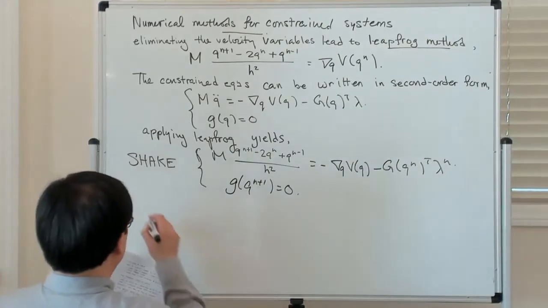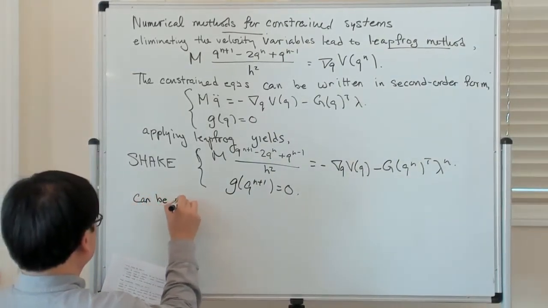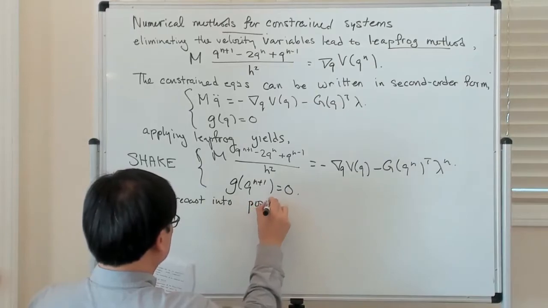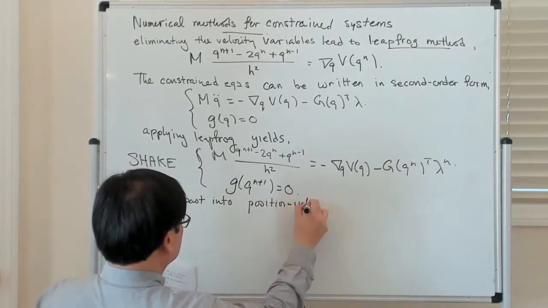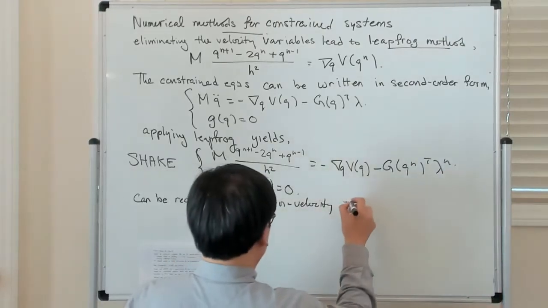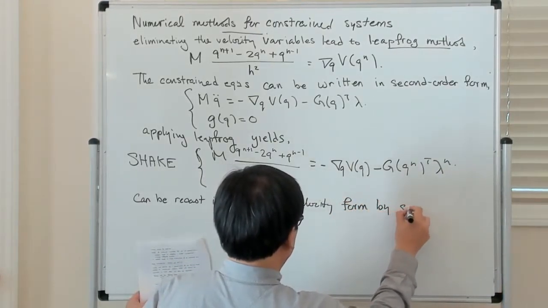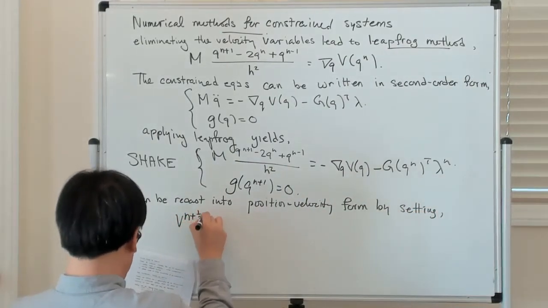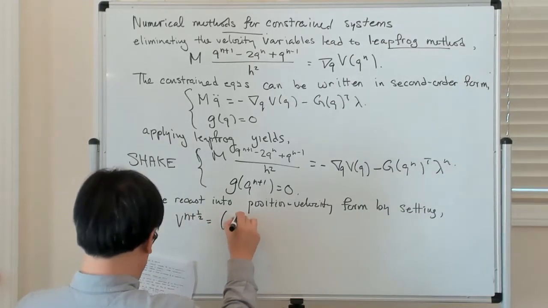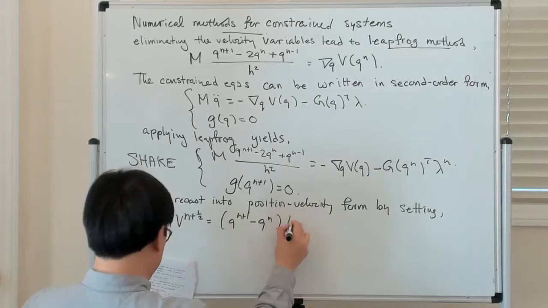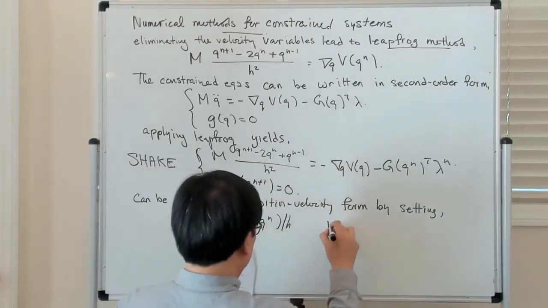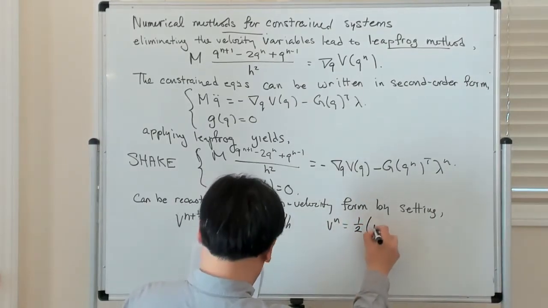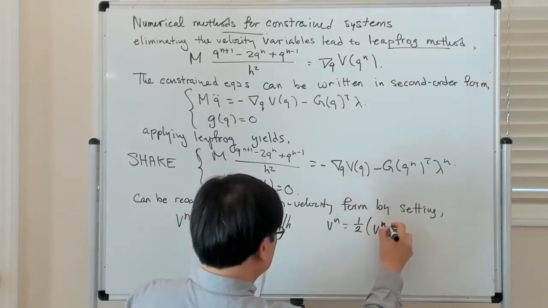It can be recast into position velocity form by setting v^{n+1/2} equal to (q^{n+1} minus q^n) divided by h, and then v^n is the average of the two velocities at the half integer steps.